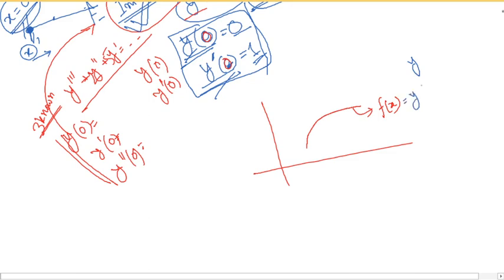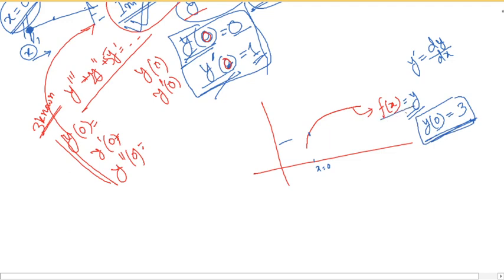So this is y, but we know y prime, or dy by dx, that is the slope at different points. The initial value of the function is also known. For example, this point is y naught, meaning x equals 0, and the y value at 0 is known. Say this value is 3. The function value at x equals 0 is known, but the function is not known.